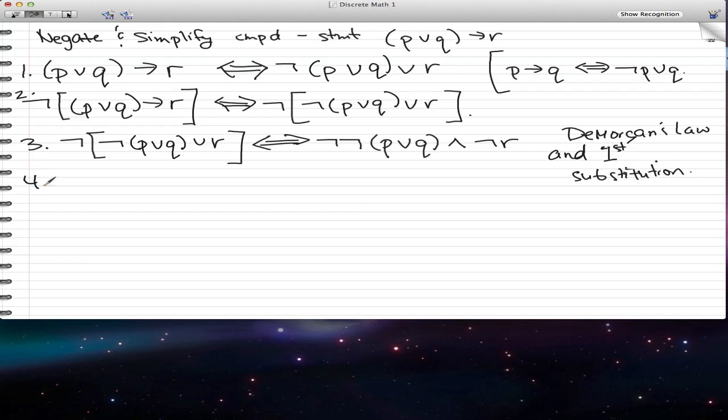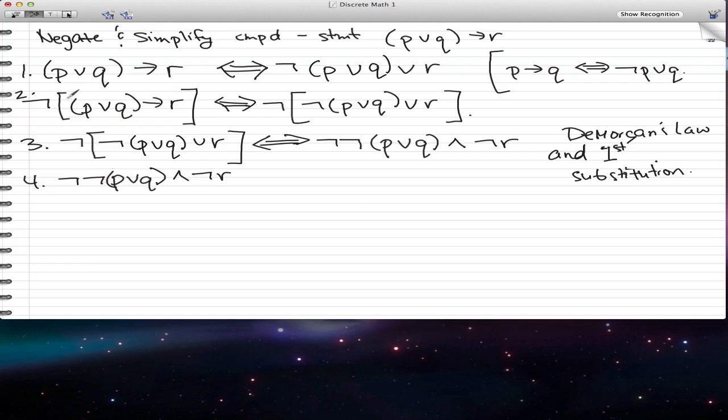Now on our last step, step 4, we're going to use the law of double negation. For the left side, we just want to do what we did in step 3 for the right side. We just want to expand this negation symbol into the innards, or R. So you can really see that what I'm doing here is taking things one step at a time.